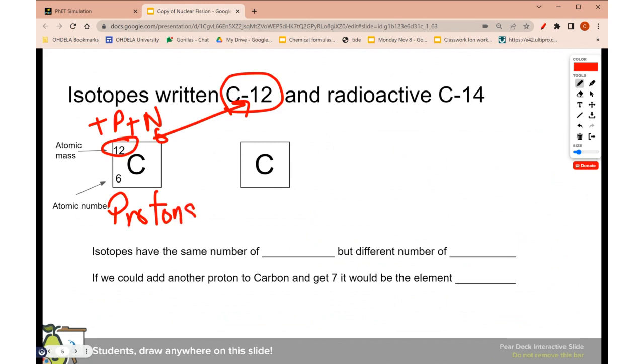So let's go ahead and write carbon-14. The C is for the element, hyphen, and the 14 is the atomic mass. So the atomic mass goes here, and the number of protons is there, 6. Because they both have 6 protons, they're both carbon. The only thing different is the number of neutrons.